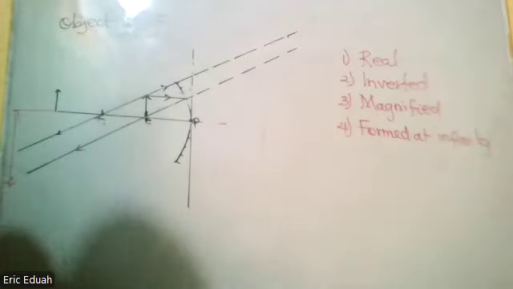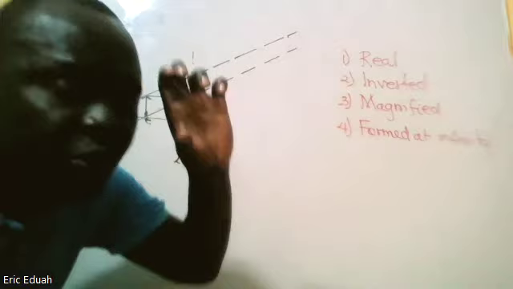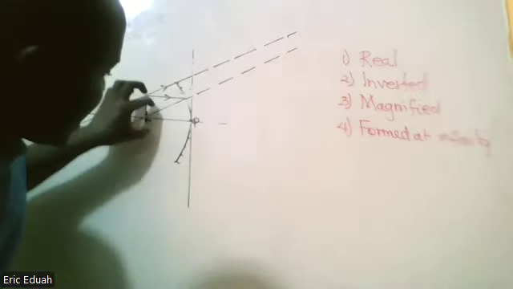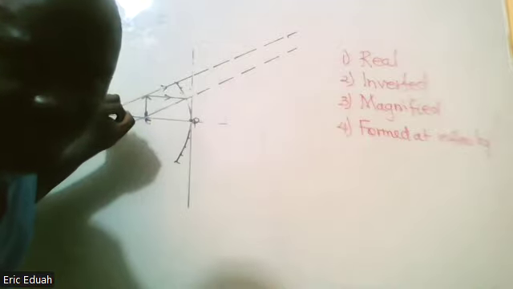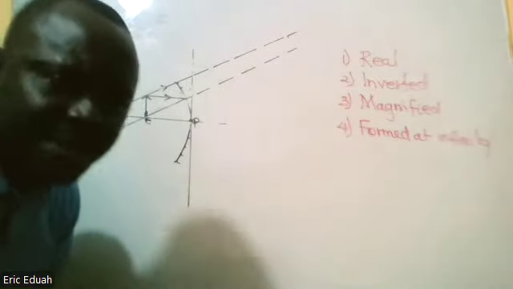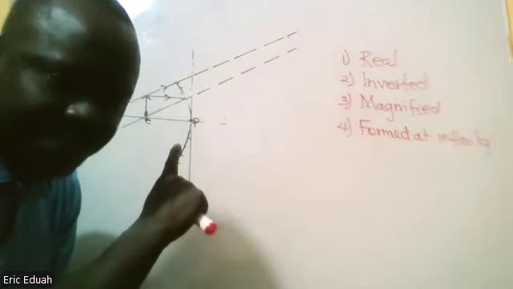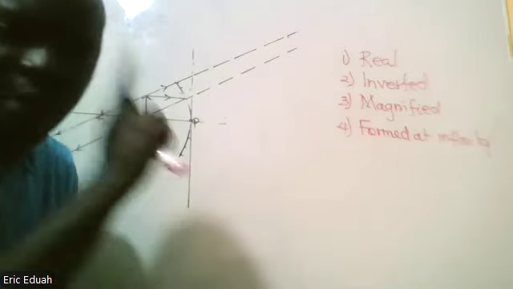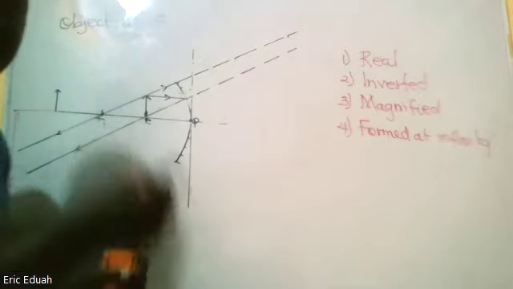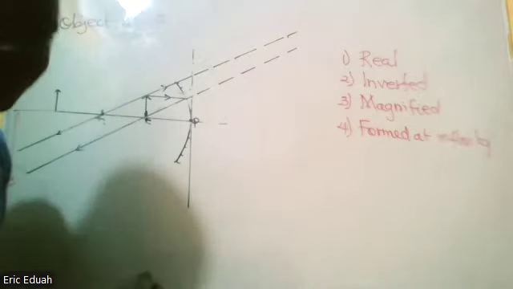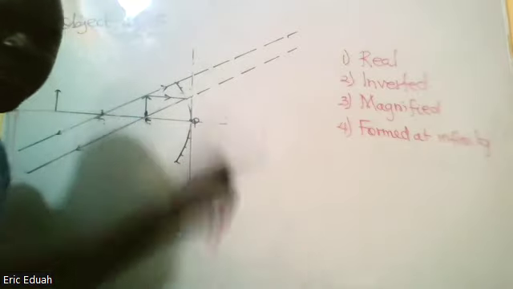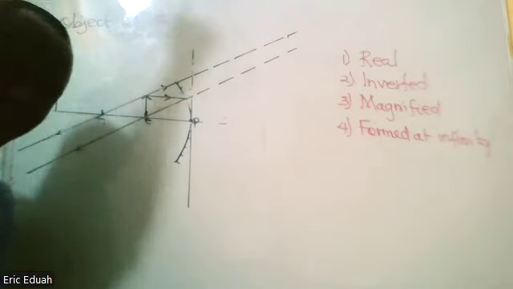Look at using the telescope to view the moon and then managing to capture the image on Earth. So the rule is that when an object is placed at infinity, the image is formed at the focal point or principal focus. Inversely, when an object is placed at the focal point, the image is formed at infinity.